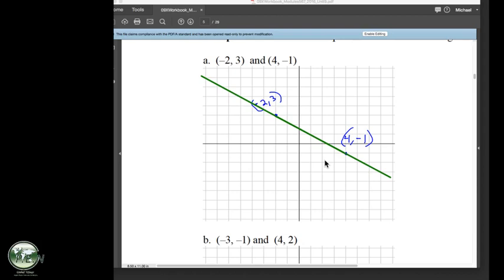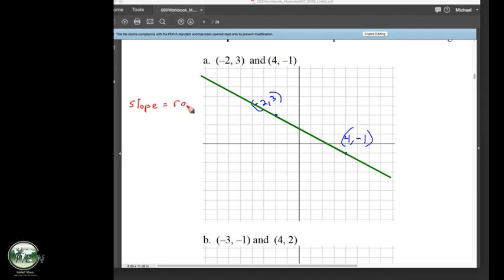Okay. So here's what we're going to do. We're going to define slope. Now this is the part where it could have been decided different ways. Go ahead and use red. We're going to define slope as a ratio, not as a degree, not as an angle. So slope is a ratio.